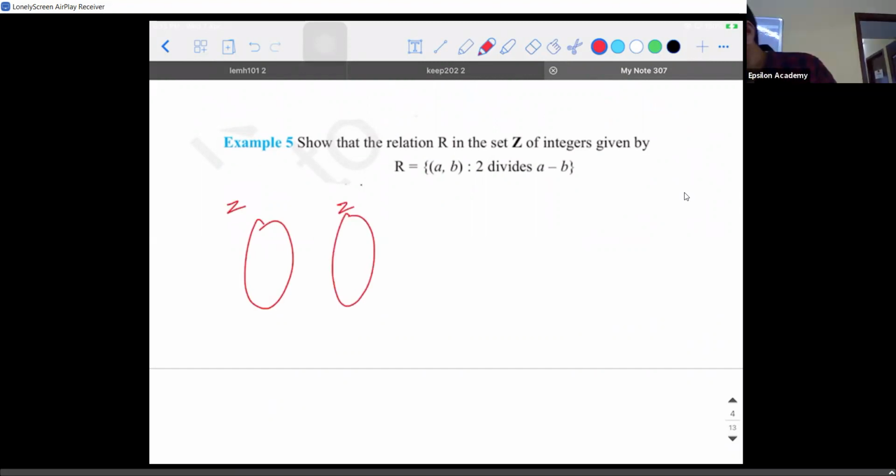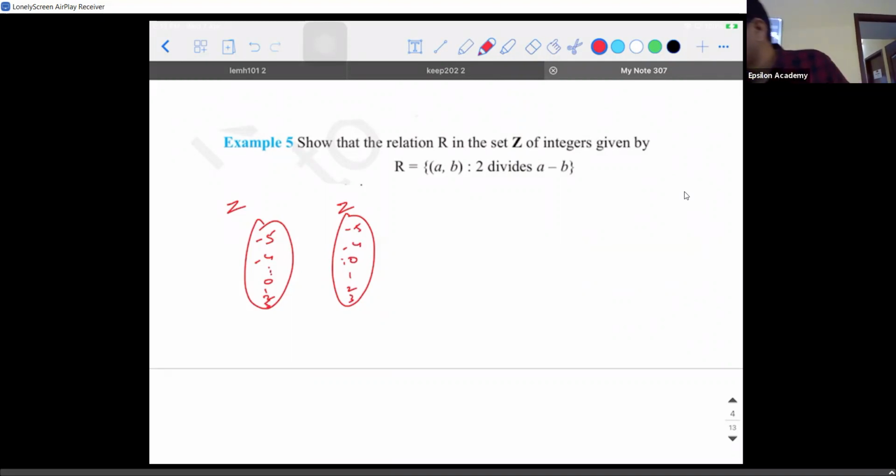Elements: I'm starting with minus 5, minus 4, and so on, 0, 1, 2, till 5. I've taken a limited set, but it goes from minus infinity to plus infinity. I hope this part is clear.